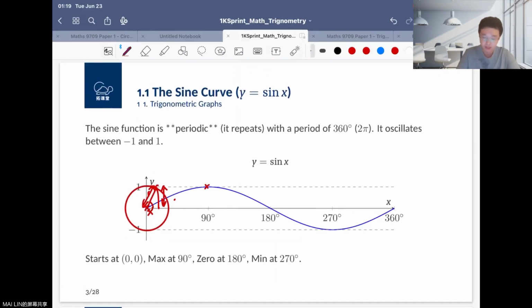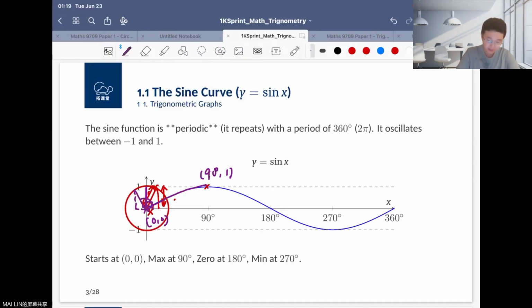For 90 degrees, you can draw a vertical line, because the intercept angle is 90 degrees, okay? So the point is (90 degrees, 1), and this point is (0, 0). You can use a smooth line to represent this part of the sine function. Then you can draw another, maybe for 120 degrees.